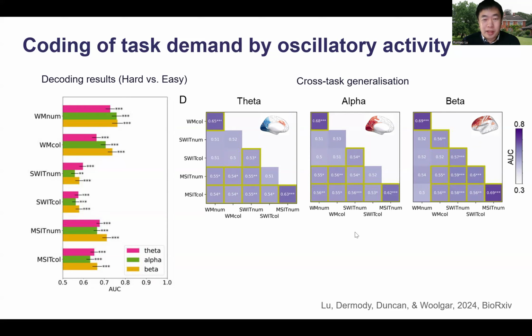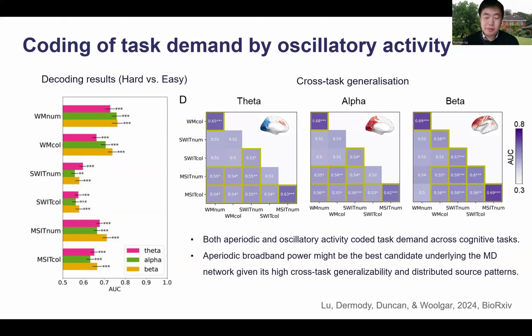Their source localization showed quite typical oscillatory sources like mid-frontal theta, posterior alpha, and frontal beta. So we found that both aperiodic and oscillatory activity coded task demand across many tasks, although aperiodic broadband power might be the best candidate on the lines of the MD network, given its high cross-task generalization and distributed source patterns.